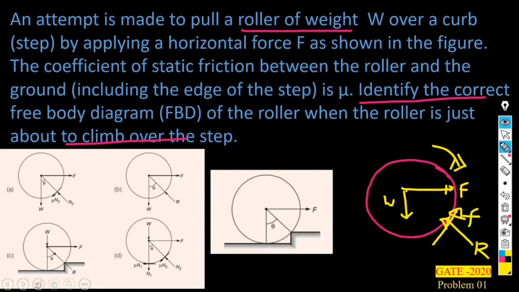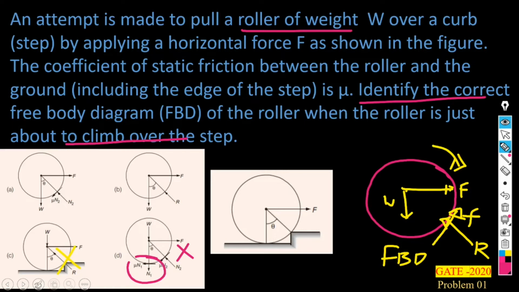Let's check the options. You can look at option C. This is not at all the free body diagram because it is not at all isolated from the corresponding holding elements. Let's check option D. Option D is also not the right free body diagram because there is an interaction happening with the horizontal surface as well.